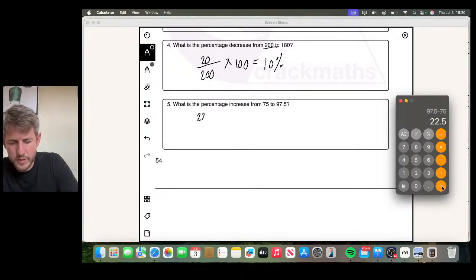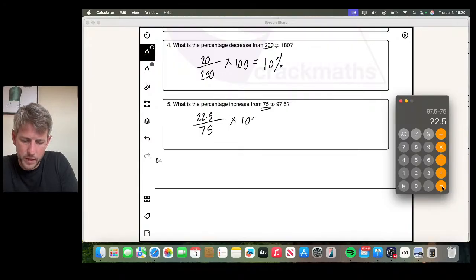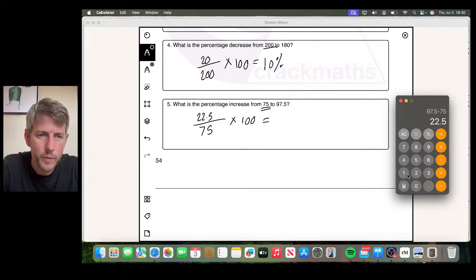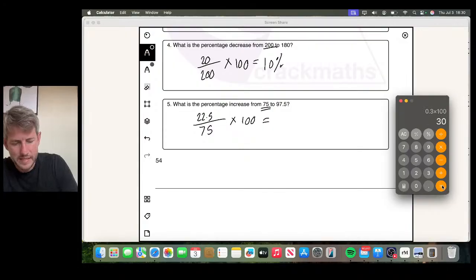So we've gone up 22.5. We've increased from the 75. So times this by 100. So here we go. We've got 22.5 divided by 75 equals 0.3. Oh, that's nice. Times 100. There we go. So that equals 30%. And that's an increase.